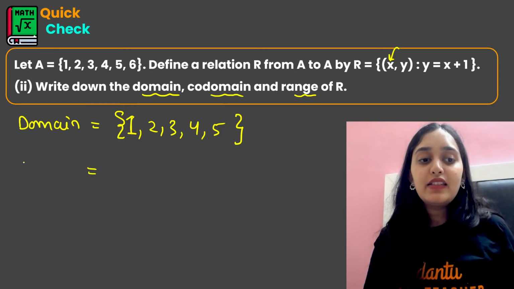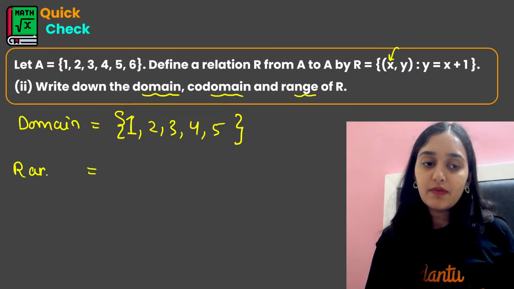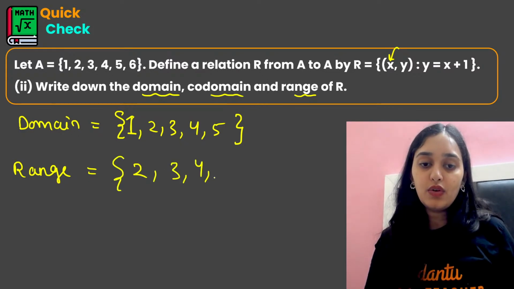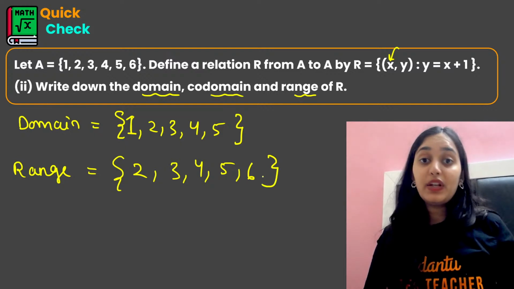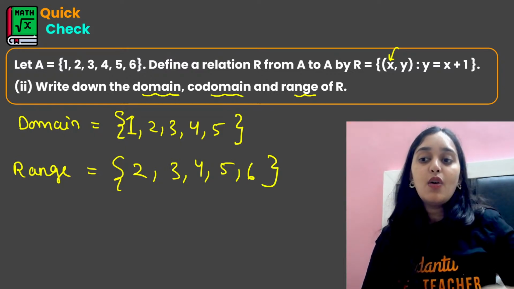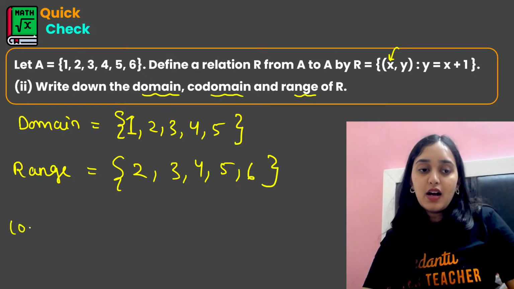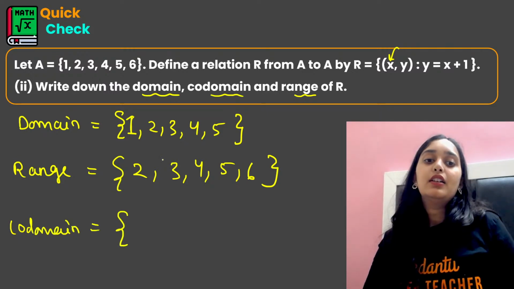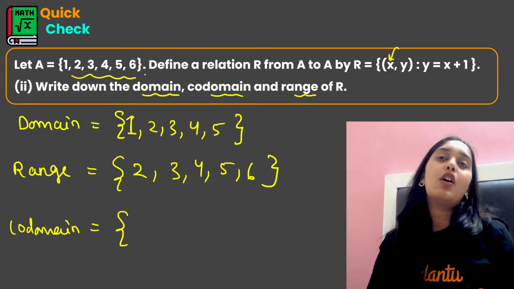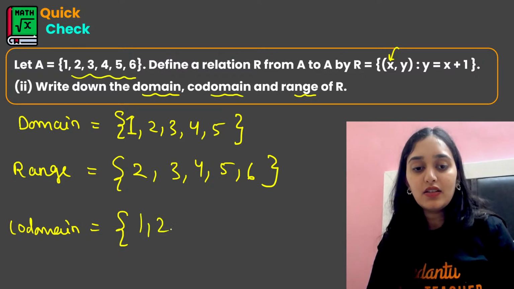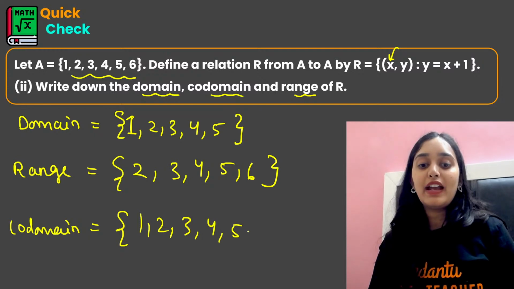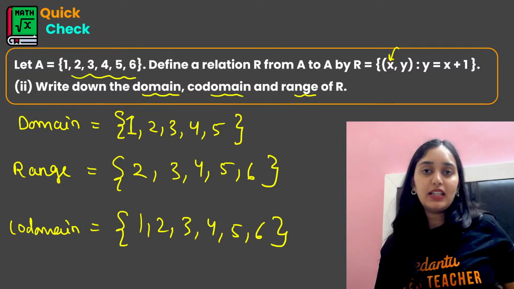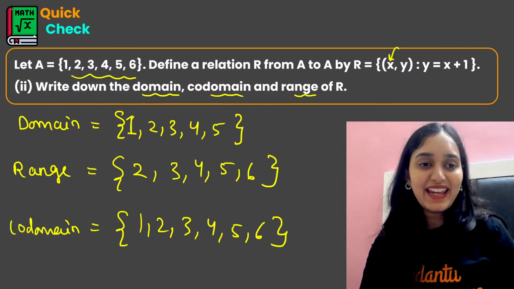Similarly, in the range, we have 2, 3, 4, 5, 6. We don't have 1. 1 was not a part of the relationship. But talking about the codomain, we have all the elements of the second set: 1, 2, 3, 4, 5, 6. Everything, whether it is forming a pair or not, will be included.